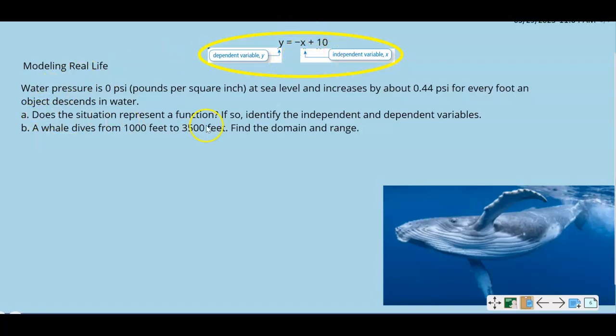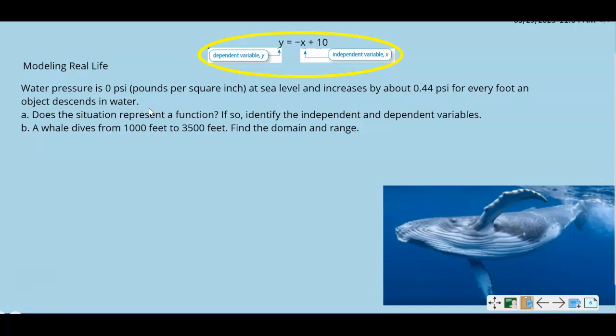All right, so does this situation represent a function, and identify the independent and dependent variable? Okay, so we're talking about water pressure at sea level, and we talk about that the amount of water pressure increases every foot an object descends in water.